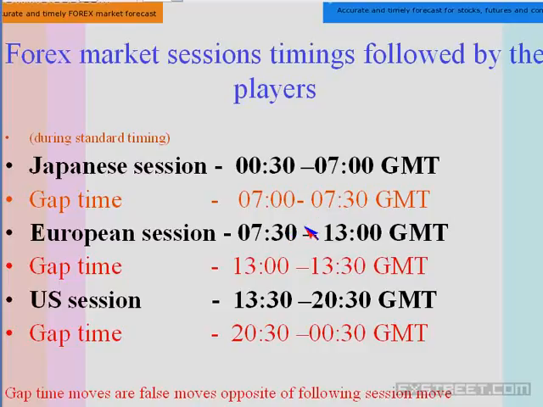So during that time, the players will try to do the stop hunting or a false move during the gap time, using a big order. They have a specific order called an all-or-none order. So they will keep an order of about 20,000 lots to buy at 1.2950 when the euro is trading around 1.29.